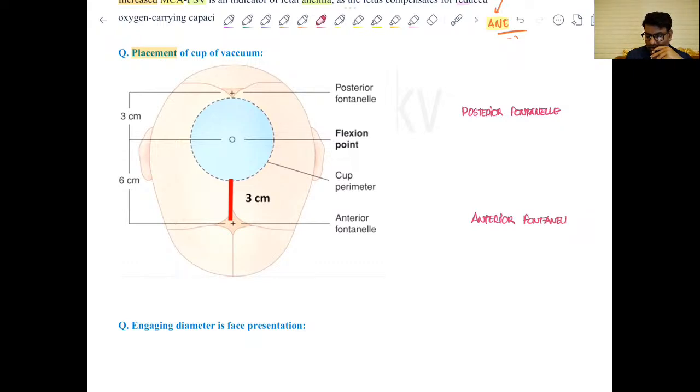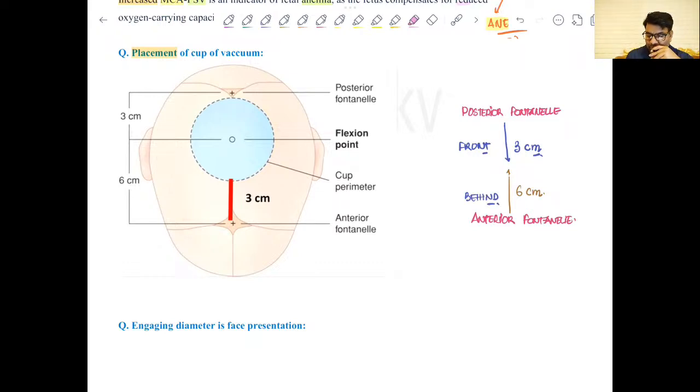So if we are discussing in relation to posterior fontanelle, we have to come in front 3 centimeter, and if we are talking in terms of anterior fontanelle, we have to go back 6 centimeter. So 3 centimeter in front of posterior fontanelle, or 6 centimeter behind anterior fontanelle.